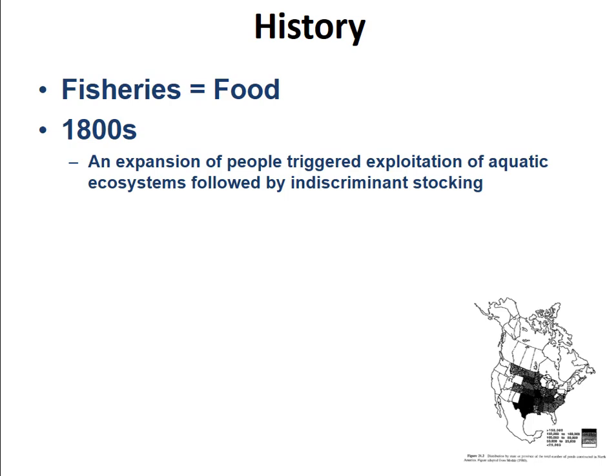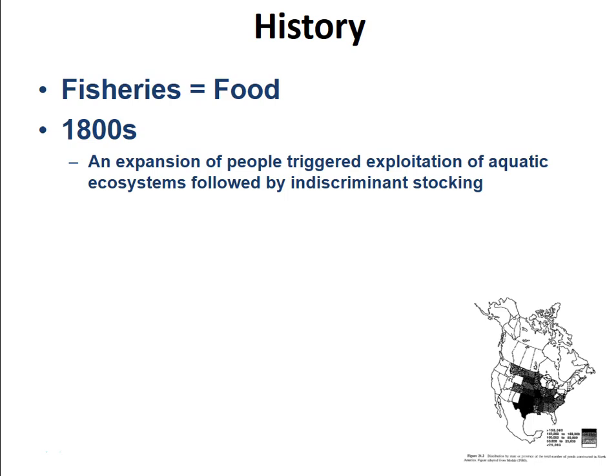And it was indiscriminate because there was little regard for the effects that stocking would have on the ecosystem or the future of that habitat. And by stocking, again, I mean placing fish in a place where they didn't previously exist, or introducing more to boost the population. Some of this was even done as train cars passed over creeks and streams.